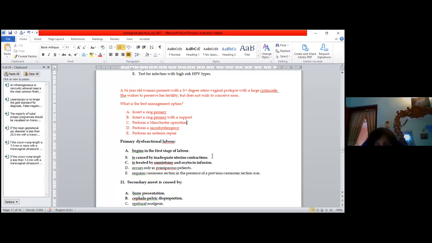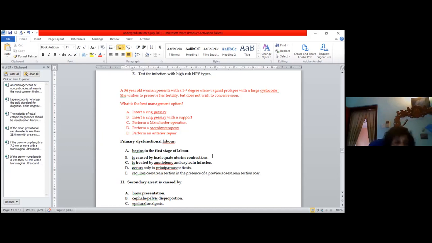As long as there's no evidence of obstruction, as long as the pelvis is adequate, as long as there are no malpresentations which are incompatible with normal delivery, as long as the fetal heart rate is normal, as long as the mother is willing, we can start amniotomy and oxytocin infusion.